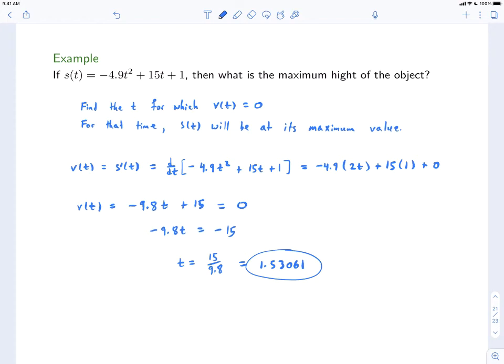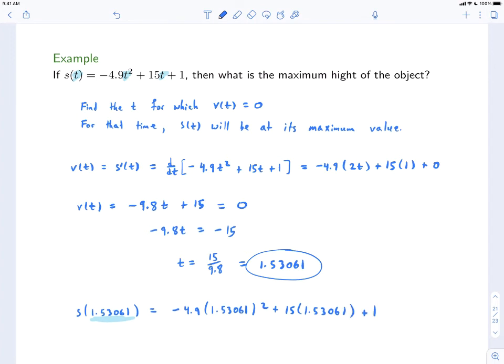So if we want to compute the actual value of the height, we want to compute s at this value of t, which is 1.53061. So we just take this value and plug it in for t. So wherever there's a t, we just replace it with this number. So it'll be minus 4.9 times 1.53061 squared, plus 15 times 1.53061, and then finally we add a 1 to it.